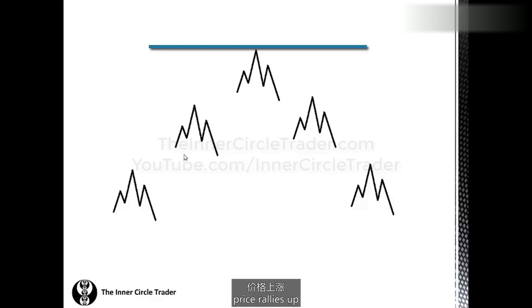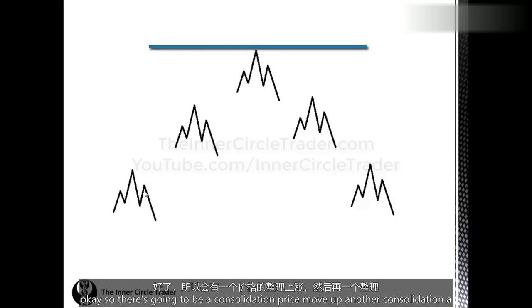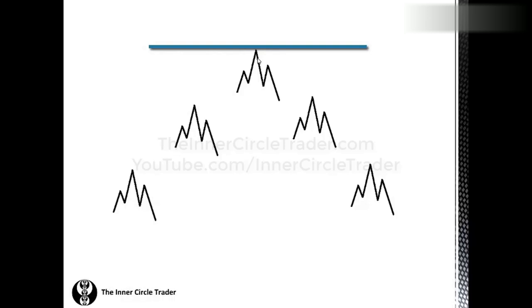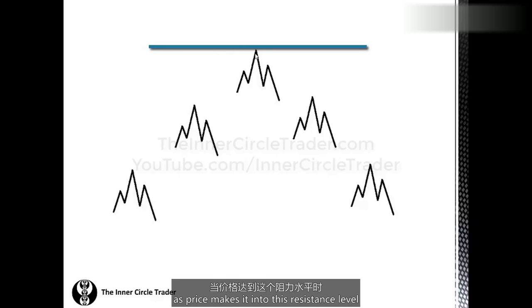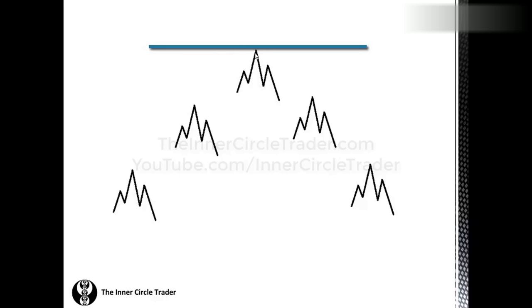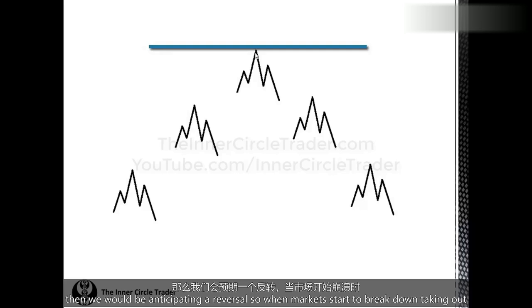As price rallies up into what we would perceive as a higher level key resistance level, price never moves in a straight line. Okay, so there's going to be a consolidation, a price move up, another consolidation, a price move up, and then as price makes it into this resistance level, then we would be anticipating a reversal.